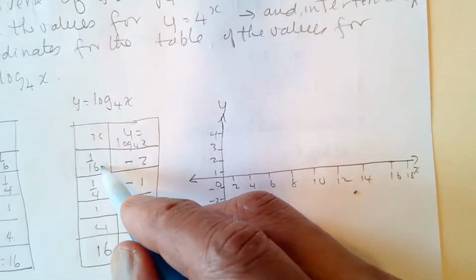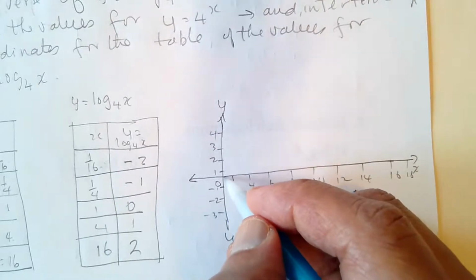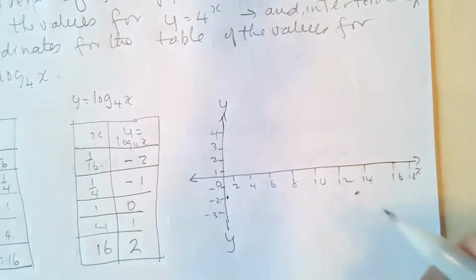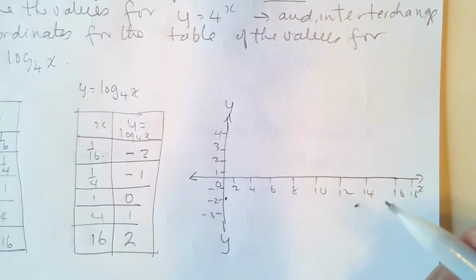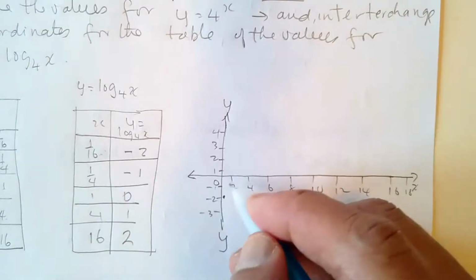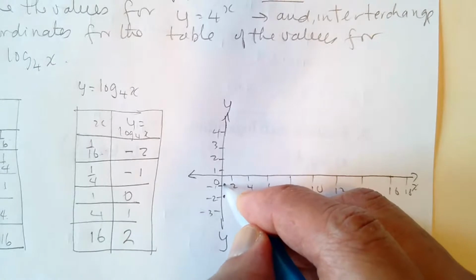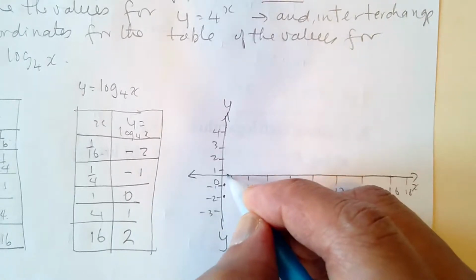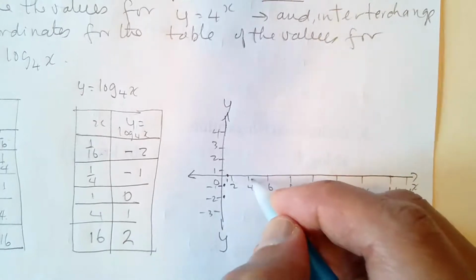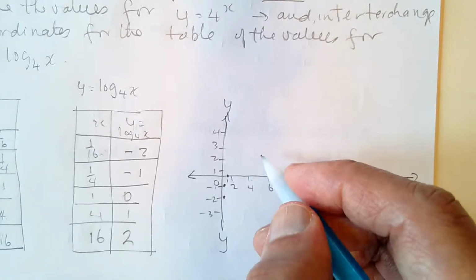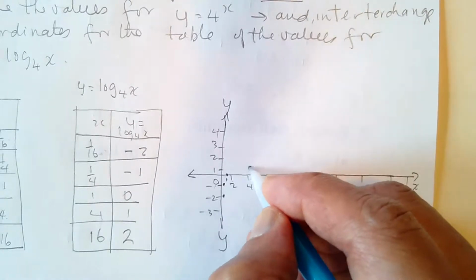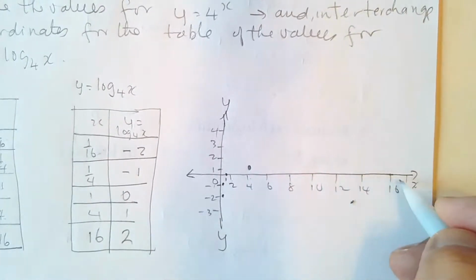The first one, x is 1/16, y is -2, which is about here. A quarter is -1. Then 1, 0, which is about here. This is 1. That's 2, 4, going up by 2. The next one before 1, here. Next 16, 2.